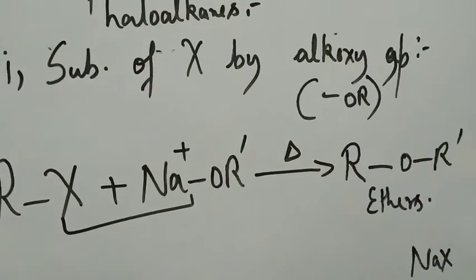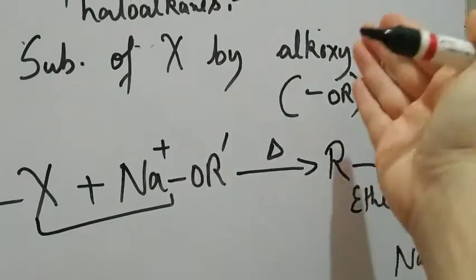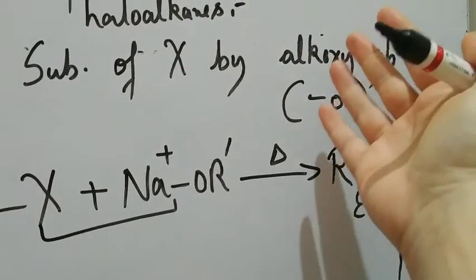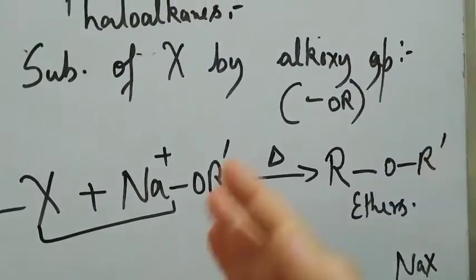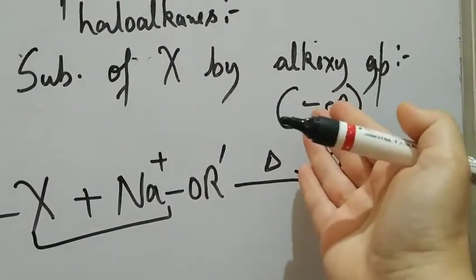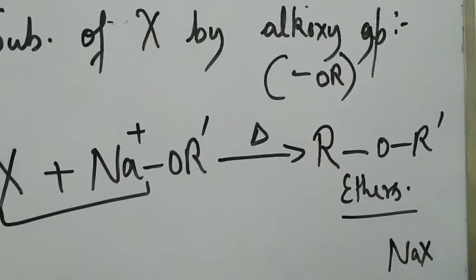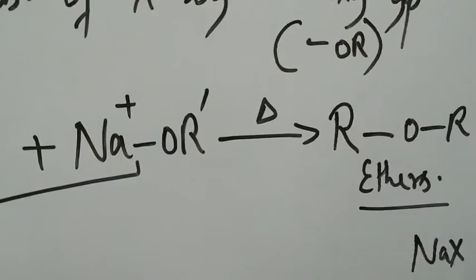You also have to remember which class of compounds is formed when what kind of nucleophile replaces X. In the first one, when it is replaced by the hydroxy group, you get alcohols. This is our second. If X is substituted by an alkoxy group, the class of organic compounds we get is ethers.